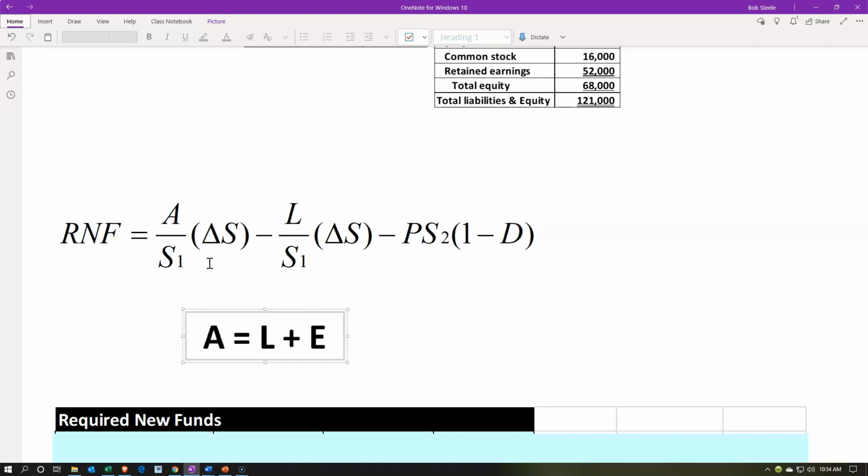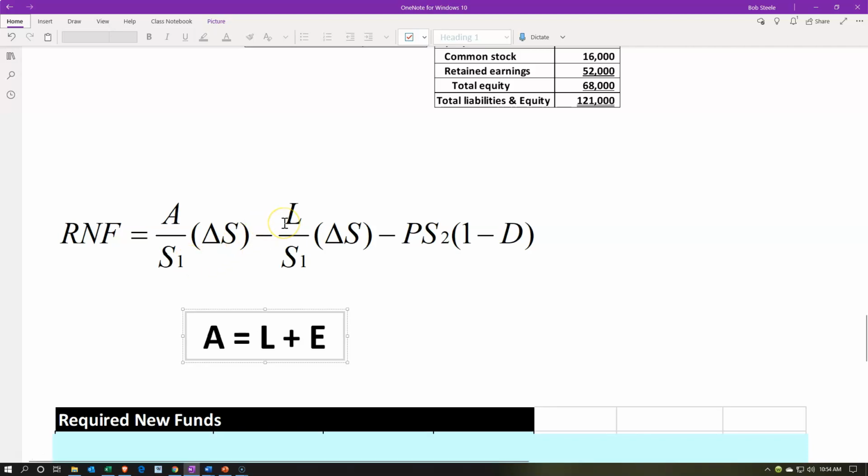If we want the sales to remain the same, the assets would be sufficient to generate the same sales. But if you want the sales to increase, then we take the ratio of the current total assets over the current sales, times the increase in sales of the next time period. That gives us our asset portion, the asset increase.